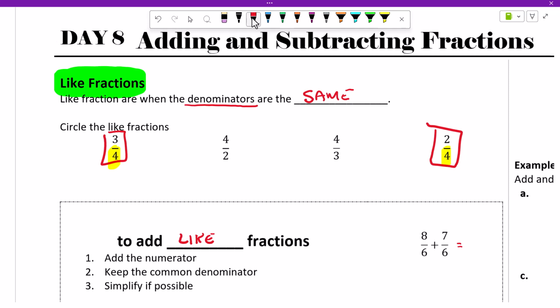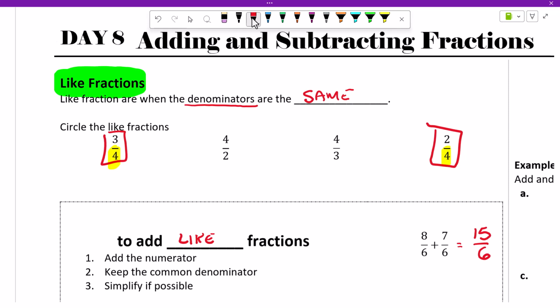The bottom stays the same, and we just add the tops. You go 8 plus 7. What number do we get? What's 8 plus 7? 15. So we're doing it without the diagram, without counting it.